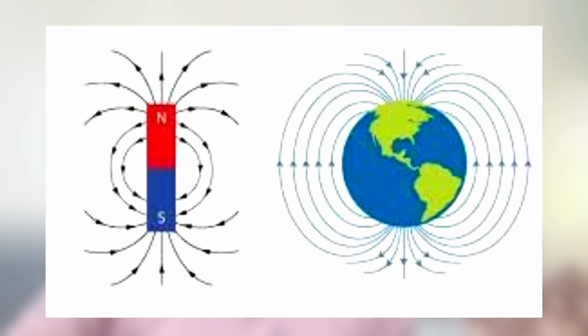If you see a bar magnet, the magnetic field lines come out from the north point of the magnet and go into the south of the magnet. Remember, these magnetic field lines are curved. They come out, go far out, and then converge in.